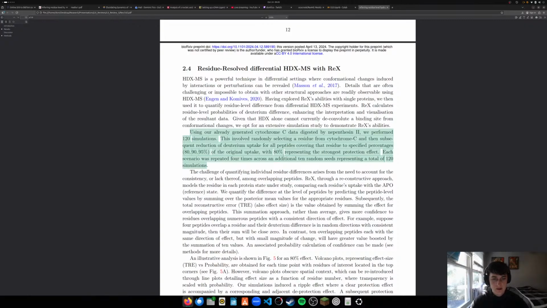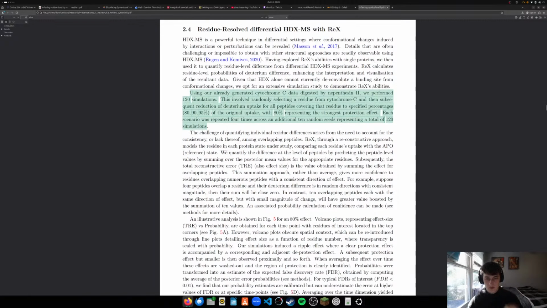The challenge of quantifying individual residue level difference arises from the need to account for the consistency or lack thereof among overlapping peptides. Models the residue at each protein state under study, comparing each residue's uptake with the APO reference state.